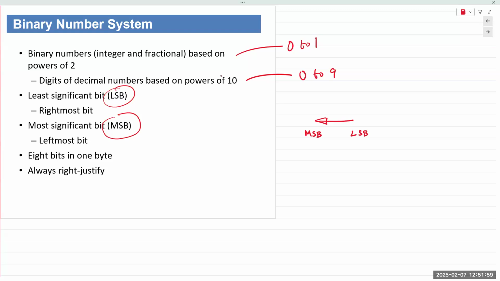It can store 1 piece of data. And so bit is represented with a lowercase b and is 1 unit of data. 8 bits together is 1 byte.